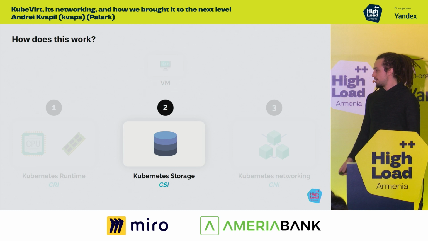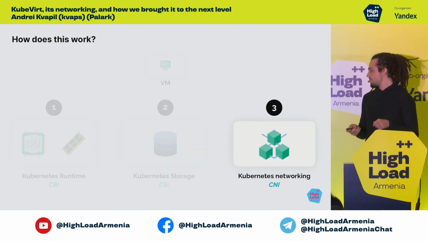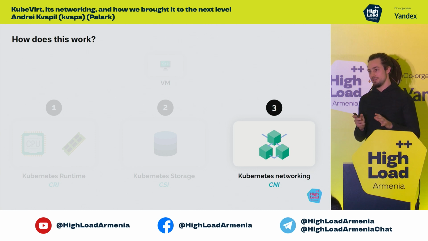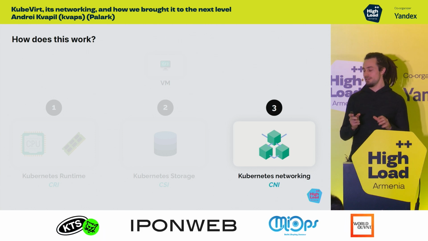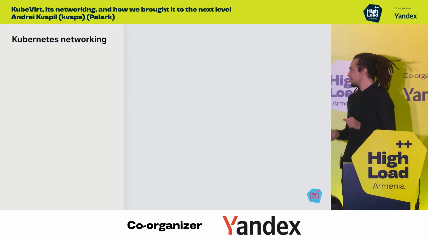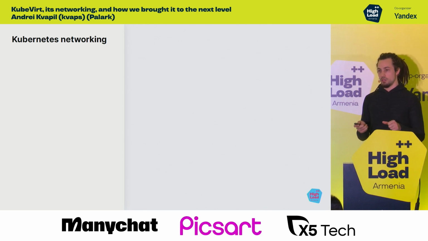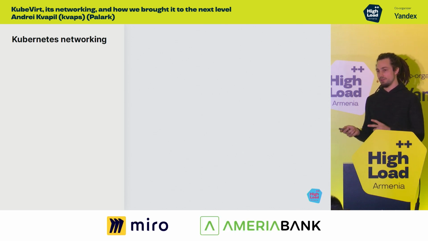This is how KubeVirt operates with storage. And now we can speak about the most interesting and most difficult part: Kubernetes networking and how KubeVirt tries to consume it. When we speak about KubeVirt networking, there are two things we have to think about: backend and frontend.